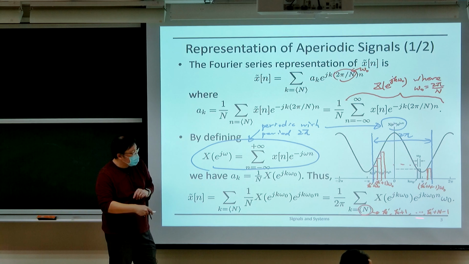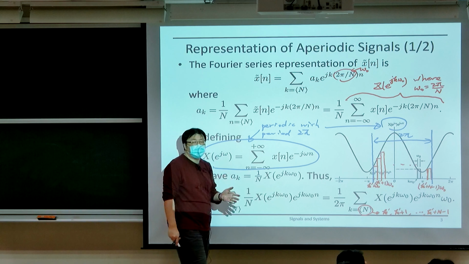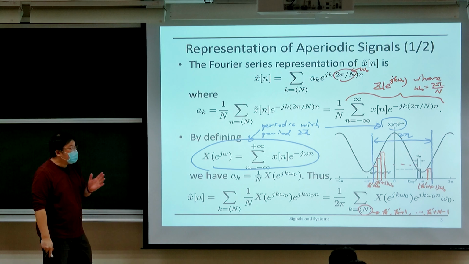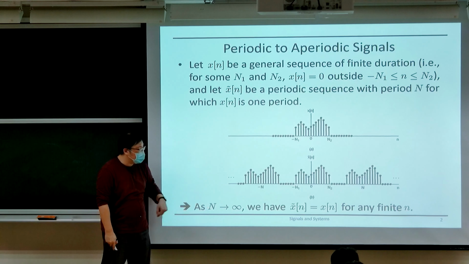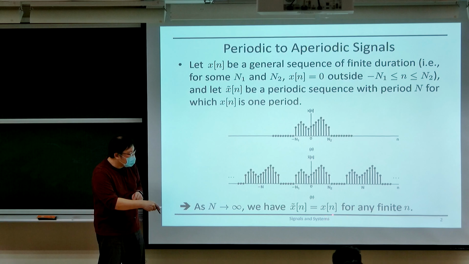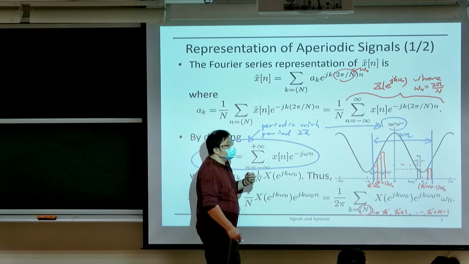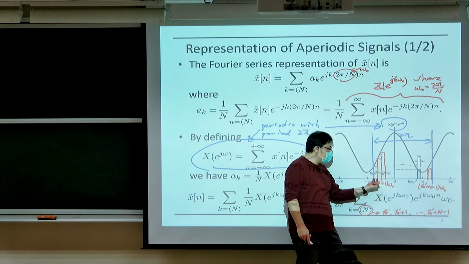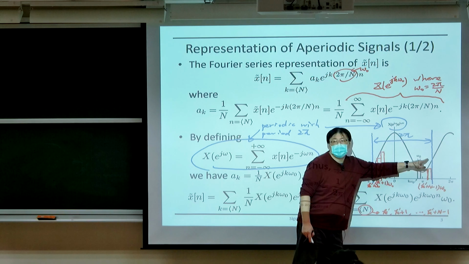So this summation is basically an approximation of the integral of this function over one period. Now, as capital N goes to infinity, in which case x tilde of n converges to x of n, omega naught goes to 0. So these bars become narrower and narrower, and you get a better and better approximation of the integral.